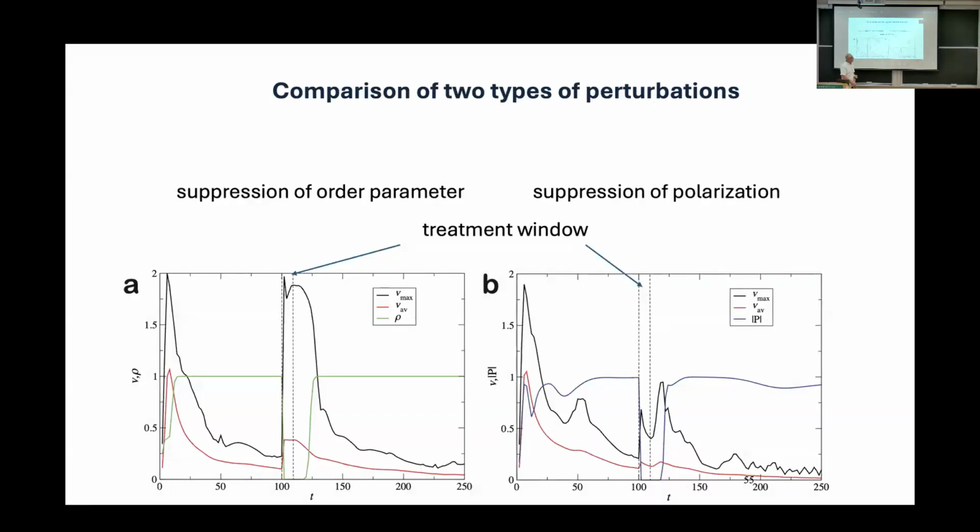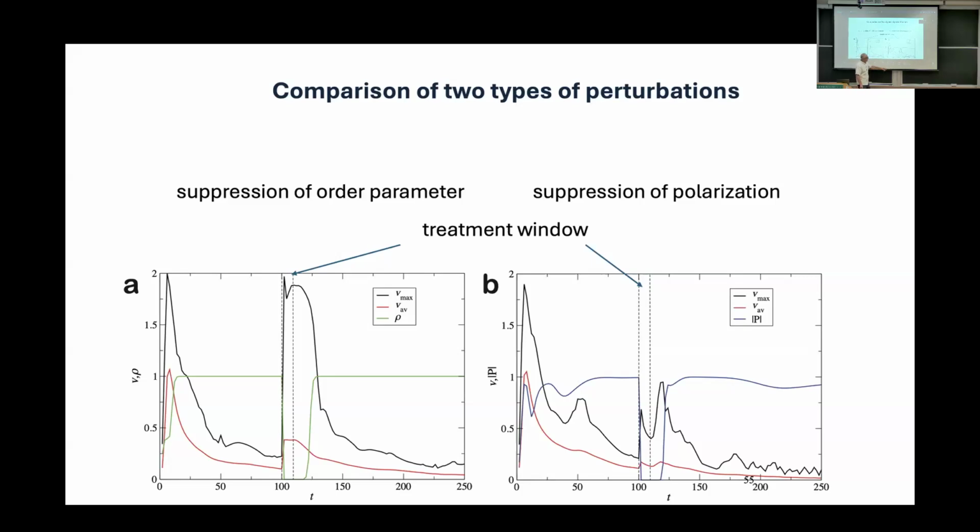This can be summarized here. This is the relaxation of velocity and the order parameter, and this is the treatment window, where we set either cell-cell adhesion or polarization to 0. And then we see the response. If we zero the cell-cell adhesion, we have an initial increase of the velocity, but then it relaxes rather fast.